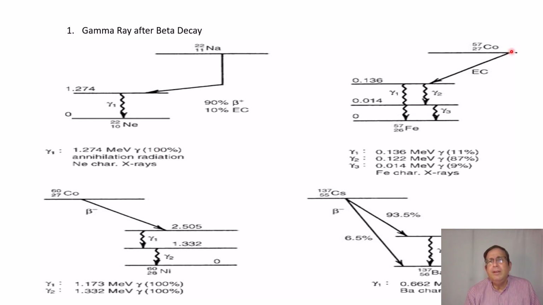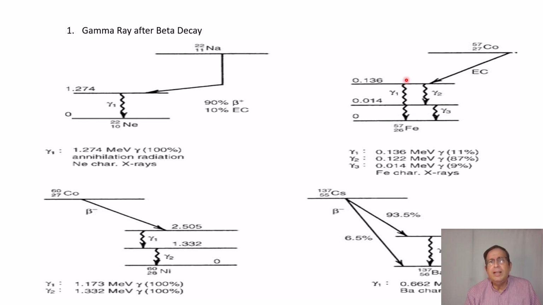Another type of reaction that we can think of is cobalt-57, that converts into iron-57 through beta decay or through the emission of electrons. So characteristic electrons are produced, and the final daughter nucleus is left in two excited states. One is at 0.136 MeV and the other is at 0.014 MeV, and these two states produce three different types of gamma rays because of the change in these states from excited to the lower states.